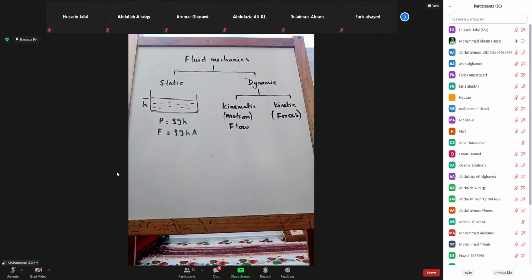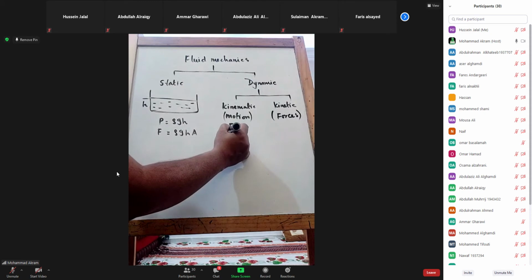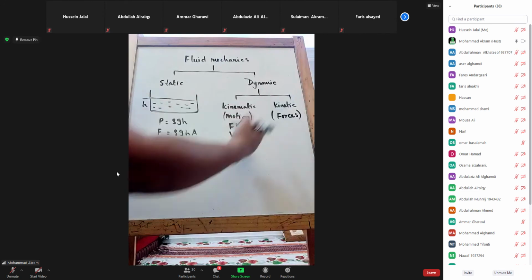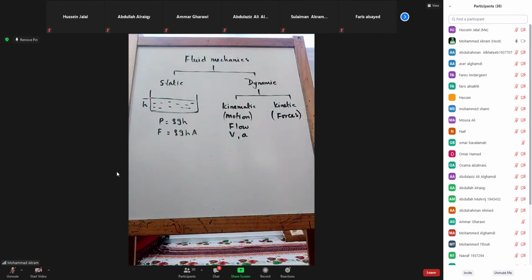The velocity, acceleration, etc. Whereas in kinetics come the different forces acting on the fluid, but fluid in motion. Here, fluid is static, so don't get confused with this force and the forces here. This is the forces in the static.